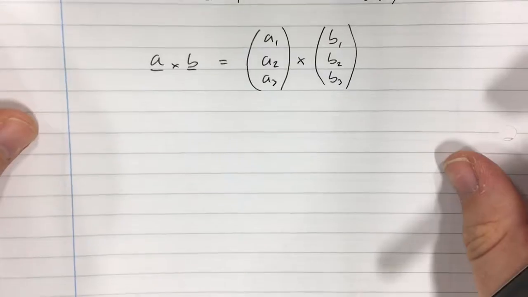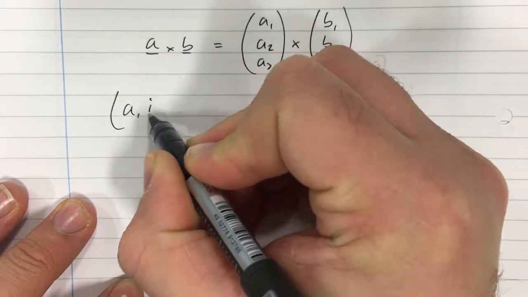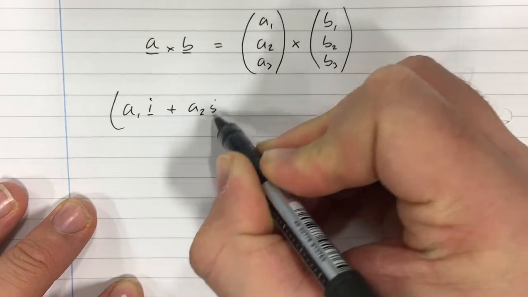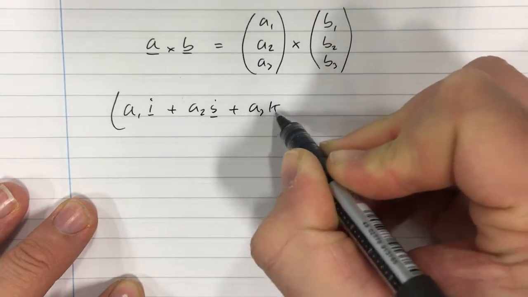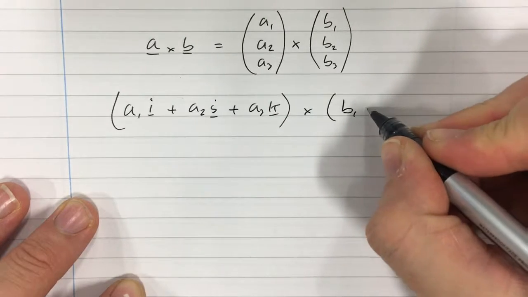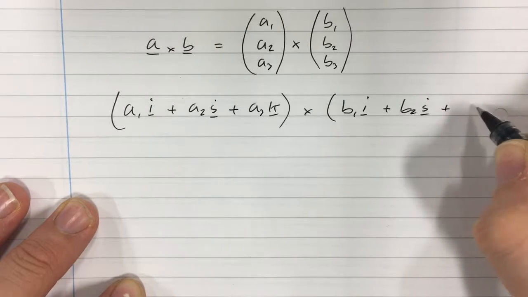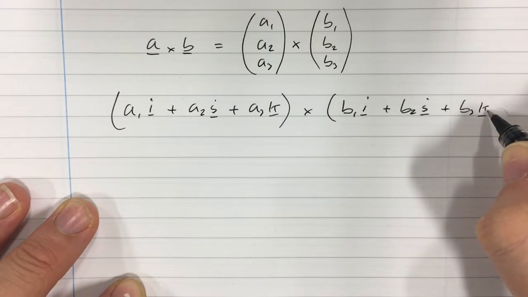I'm going to put this into component form as opposed to column form. So that's going to be a1 in the i direction plus a2 in the j direction plus a3 in the k direction. That's the vector a. We're going to cross that with the vector b, which is b1 in the i direction plus b2 in the j direction plus b3 in the k direction.